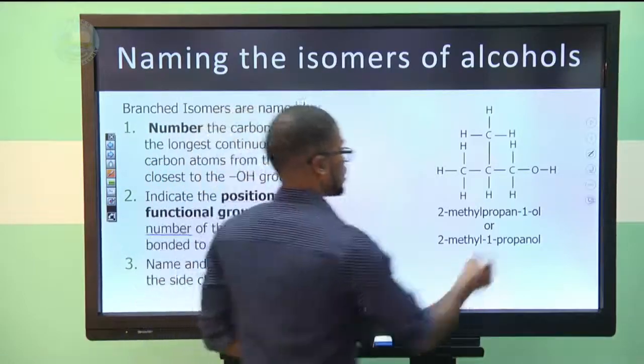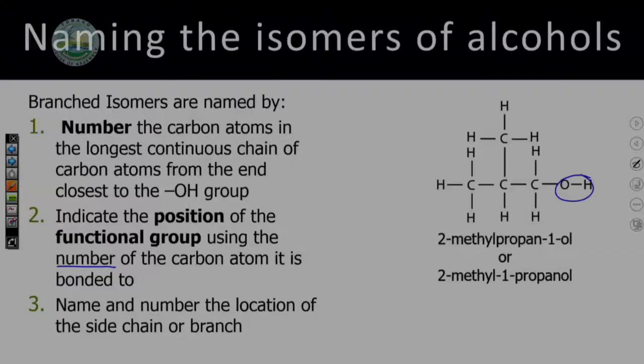So this is the functional group here, and we want to find the longest chain. Let's go. So we're going to go 1, 2, 3. So we have the longest chain being here.